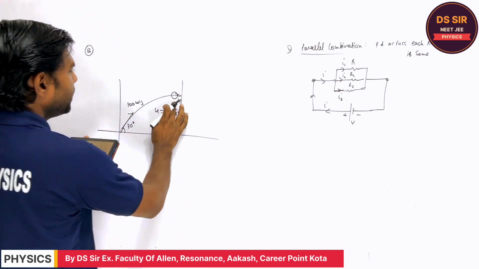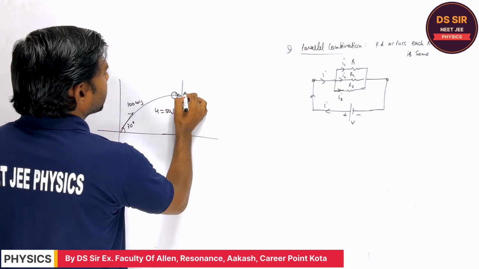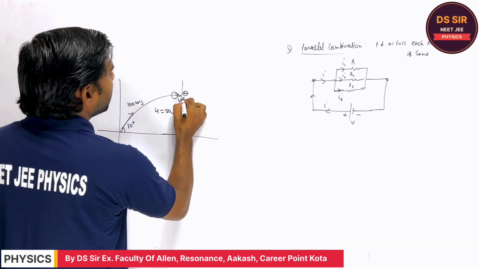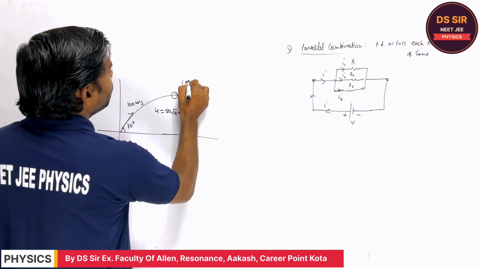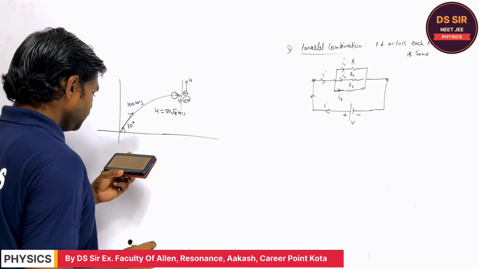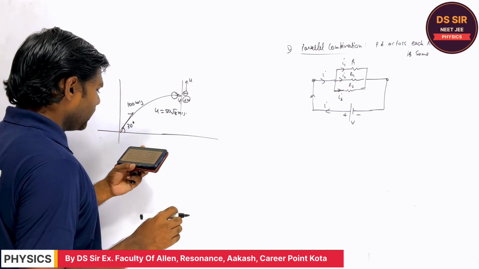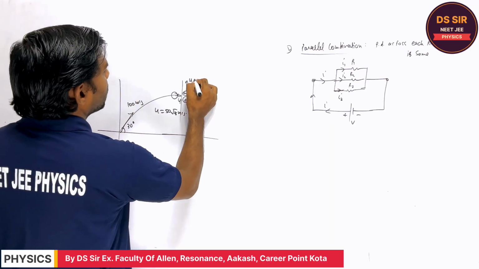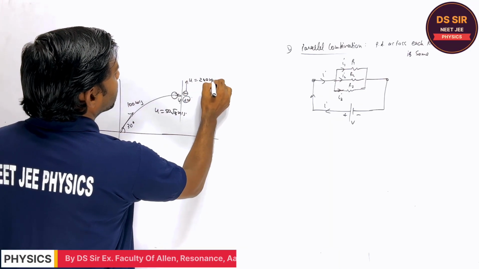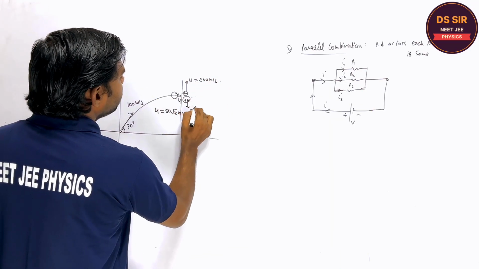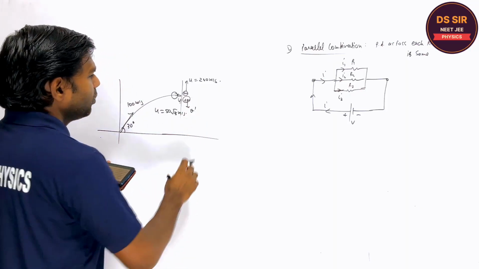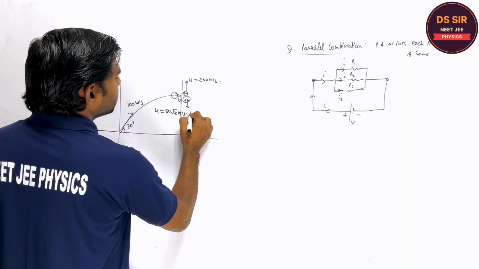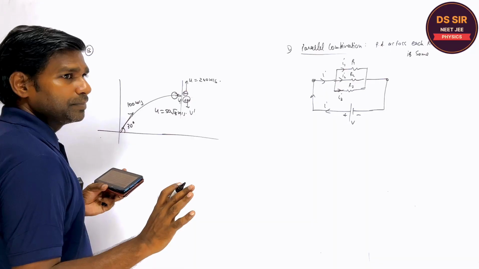Now when it reaches the highest point, it explodes into two parts, right? This is m and this is 2m. It moves with the speed u. The lighter part moves vertically upward with an initial speed of 200 meter per second, right? Therefore its velocity will be v dash. Is it clear or not? Do you understand or not?